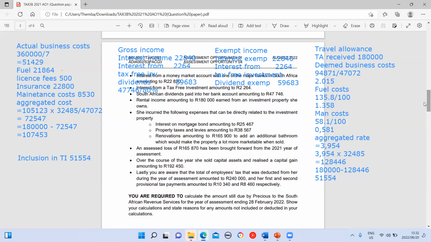Rental income amounting to 180,000 rand from an investment property she owns. So remember we said this is revenue in nature. Although they are saying investment property, she is earning rental income from it. So she's carrying on a trade.